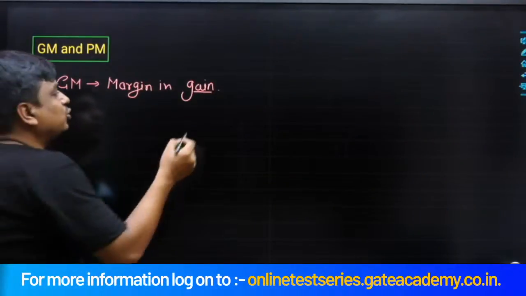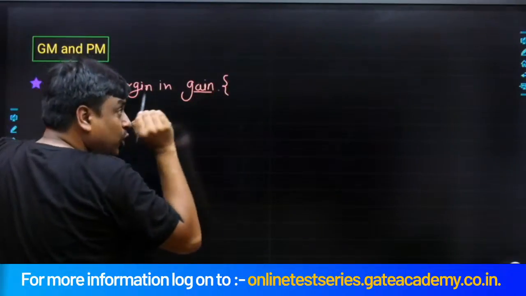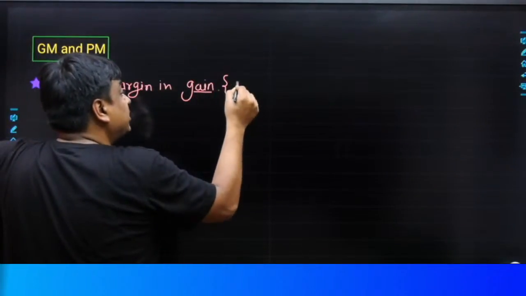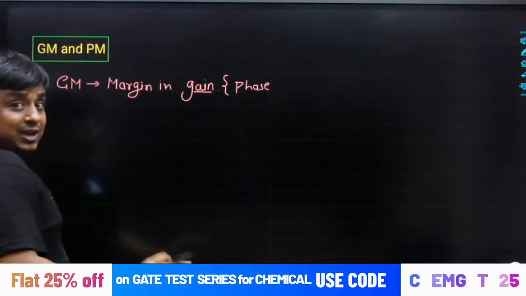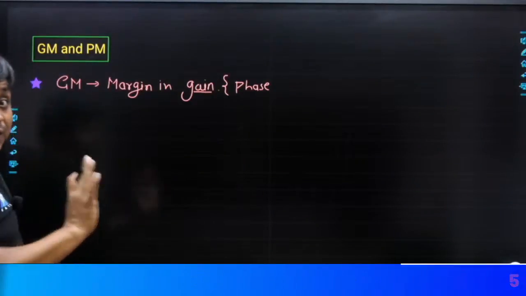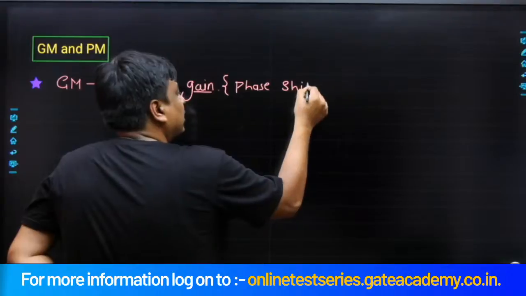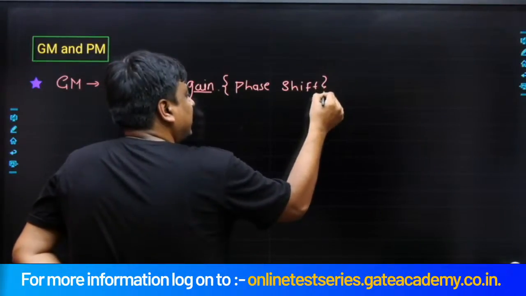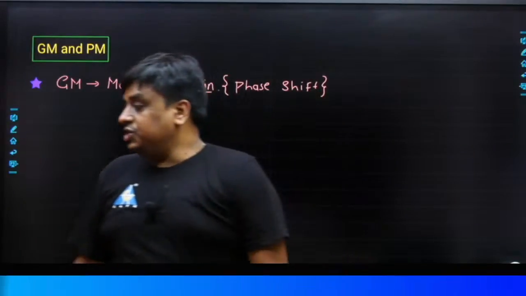But one more thing should be in your mind. Whenever you are talking about the gain margin, you should not introduce any phase shift within the system. While calculating the gain margin, only the introduction of gain can take place, but you cannot introduce any external phase shift. From where this complete concept or definition comes, once we take a few problems, you would be able to understand each and everything.